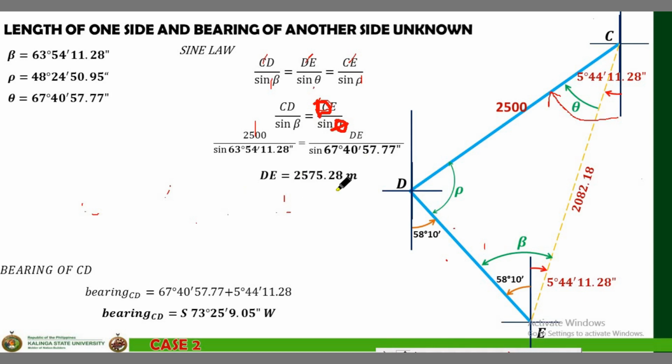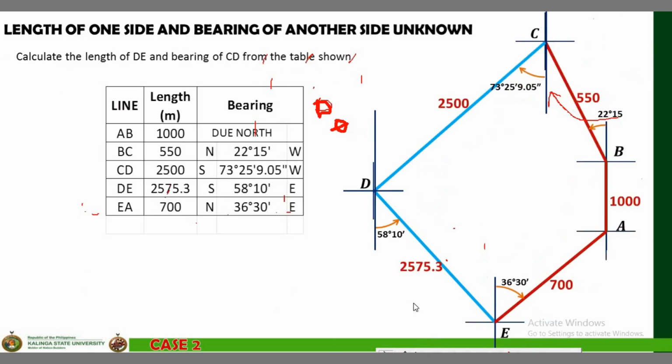Now, gamitin nyo man si cosine law o si sine law, pareho pa rin yung answer na makukuha ninyo. Ang importante kasi dito, alam ninyo kung ano ang side A, side B, and side C, at alam ninyo kung ano yung mga angles opposite ng mga sides na ito. Yan. So, this is now my final answer for this problem under case 2.